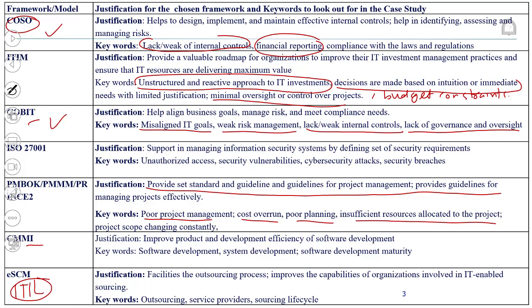Some of the keywords that you could see in your case study would be things to do with software development, system development, software development maturity. You see those keywords, then think about CMMI. And for ECM, the main thing that you'll see there is things like outsourcing.